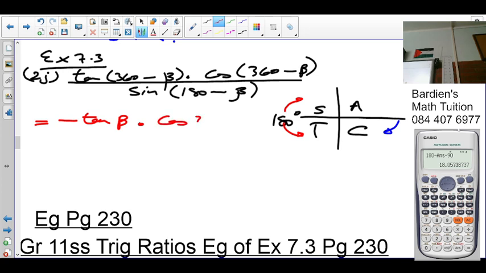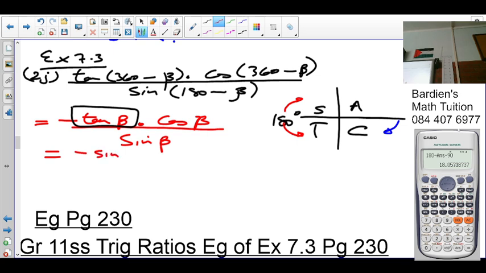Positive, so it's cos beta over 180 minus, second quadrant, sine is positive, so it's sine beta. Now tan can be written as sine over cos, so it's negative sine beta over cos beta. People, you don't say negative sine beta over negative cos beta. That negative is for the whole fraction, not for both. So it's times cos beta over sine beta.